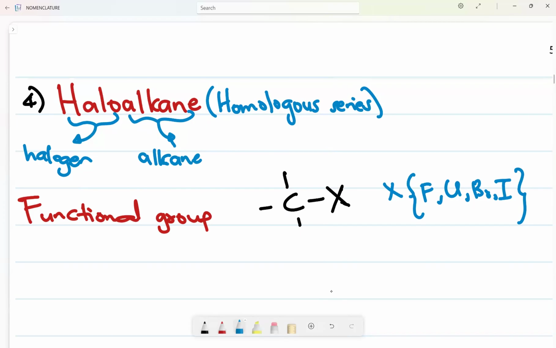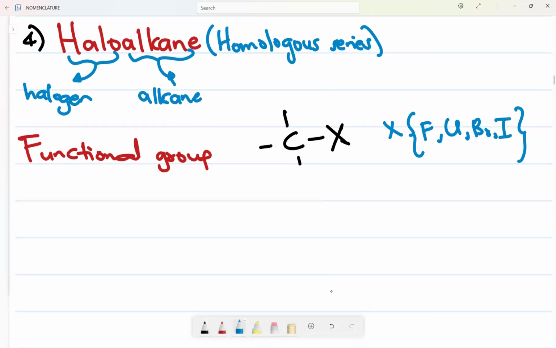But you're going to see the interesting part when we name. When we start naming, although I say fluorine, chlorine, bromine and iodine, we'll now call them fluoro, chloro, bromo, iodo.